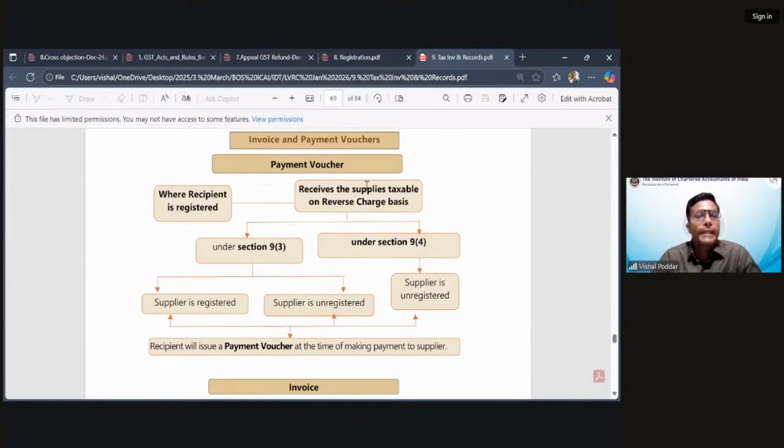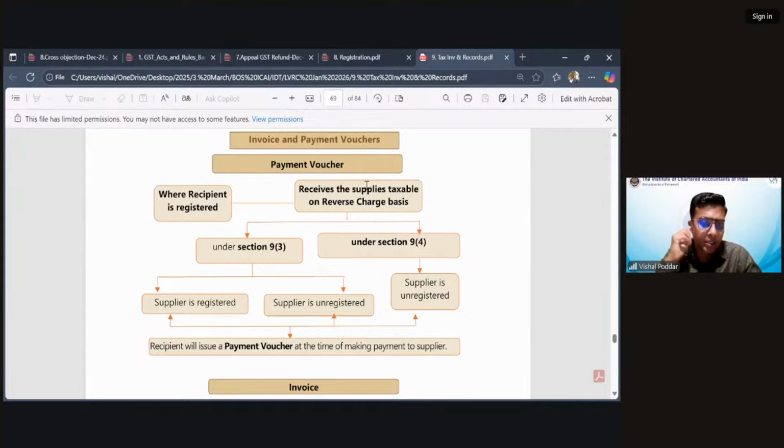Then comes another concept of self invoice. Even though only the word invoice is written, you will read it as self invoice and payment voucher. Now, both these things are applicable whenever the transaction is under RCM, where the recipient of those goods or services is a registered person, and the supplier may be a registered or an unregistered person.